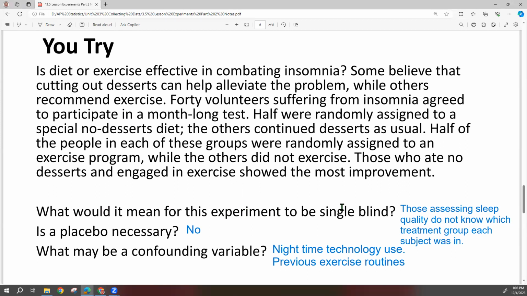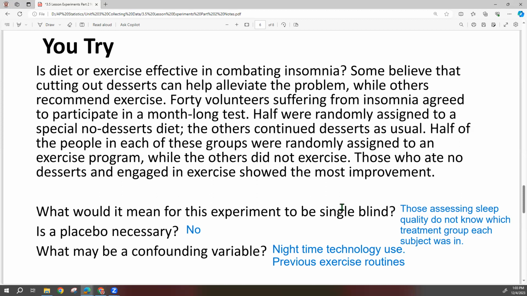And so they'll just assess their sleep objectively, and then the researchers can compare the sleep quality based on the treatment groups. We wouldn't want a placebo here. It would be difficult to do any sort of placebo when it comes to exercise or eating dessert.